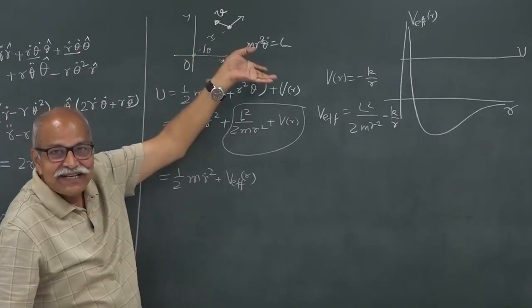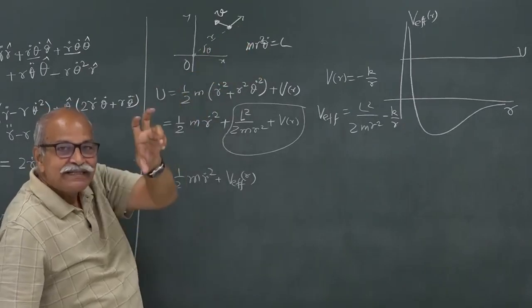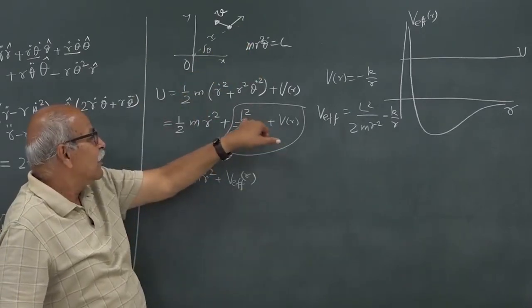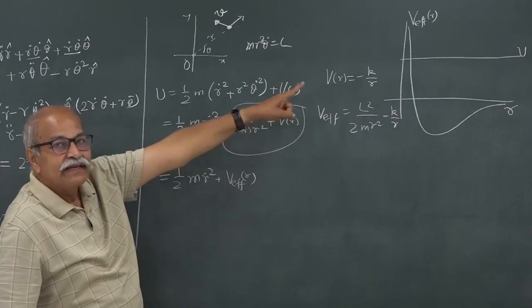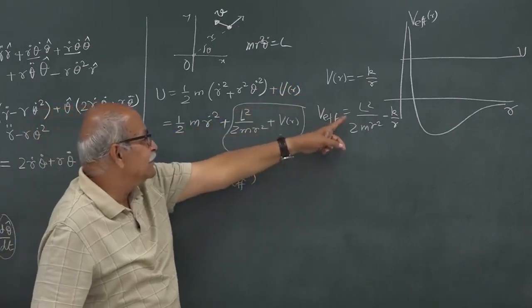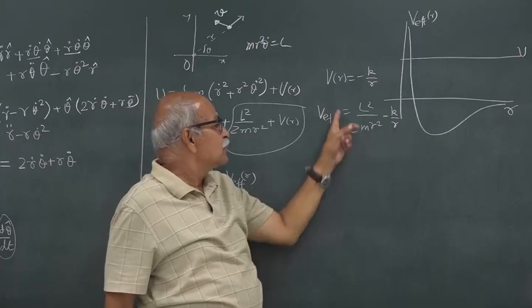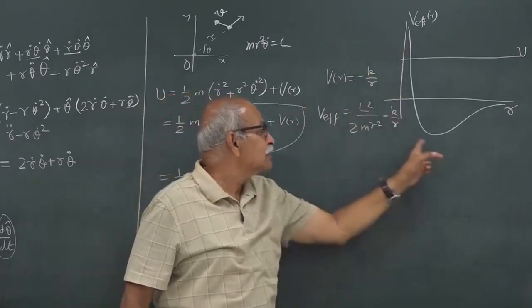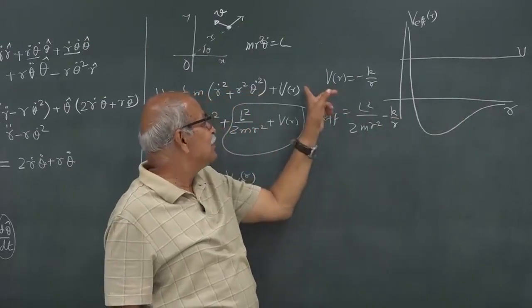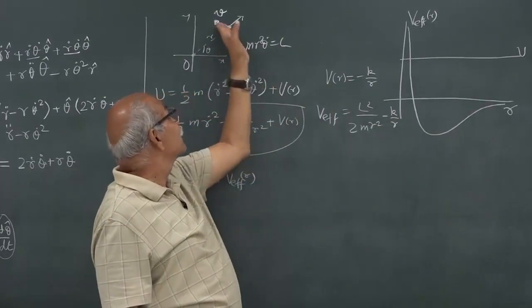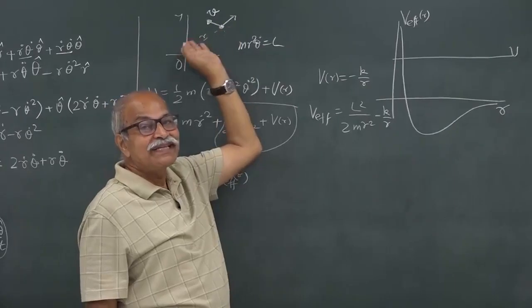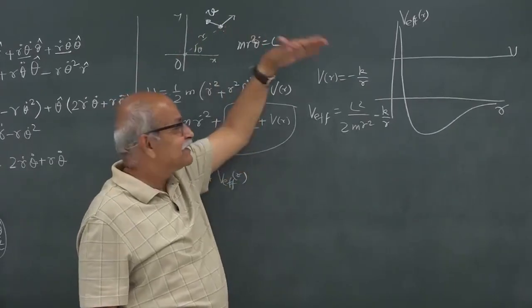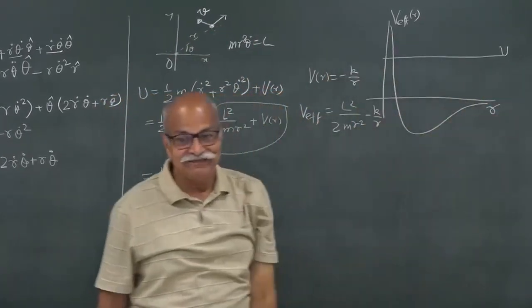So, initial conditions will tell me how much is the angular momentum L and how much is the total energy U. So, once L is known, then I can draw this line, and once total energy is known, what is the kinetic energy here, what is the potential energy here, then I can draw this line.